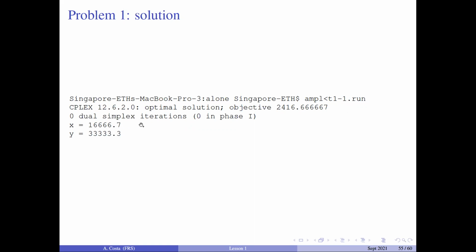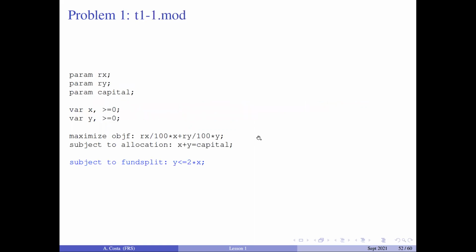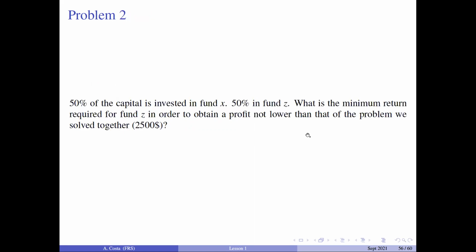So the first one was, I guess, not so hard because it was just a constraint. But what about the second one? The second one was a little more challenging. What you have to do here is, as I was saying, understand that first of all, we have a change, because now what was a variable is not a variable anymore.